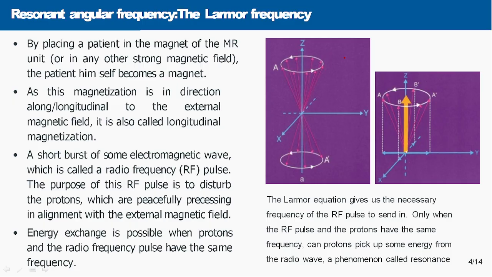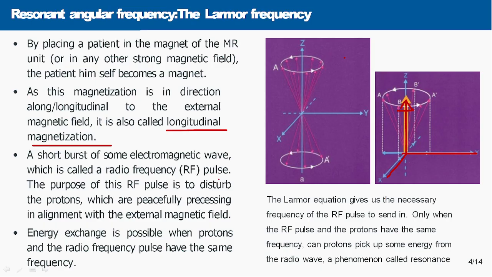They add up to give a resultant magnetic field in that direction, along the z axis. So we call it longitudinal magnetization. It is called longitudinal magnetization because it is perpendicular to this plane.